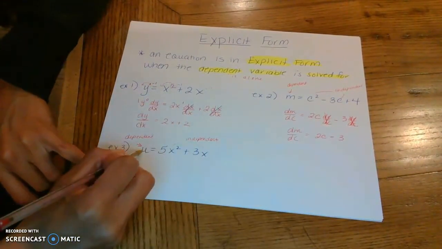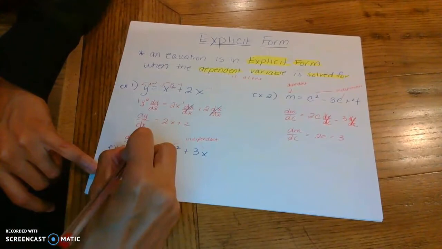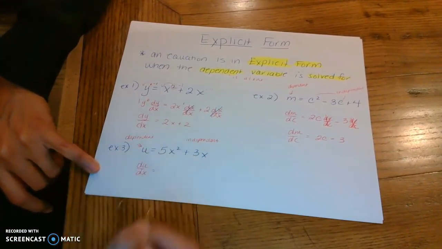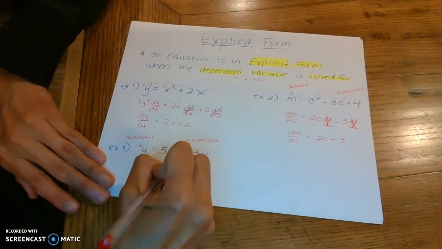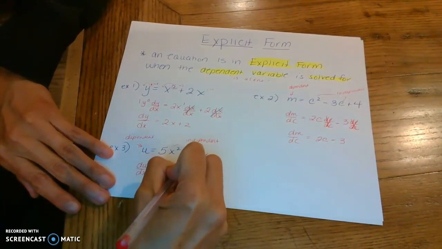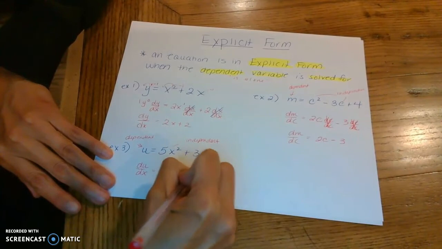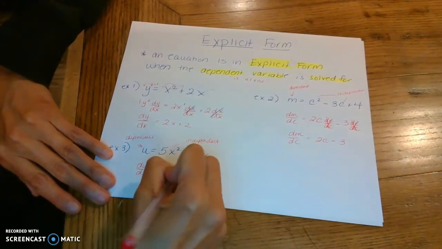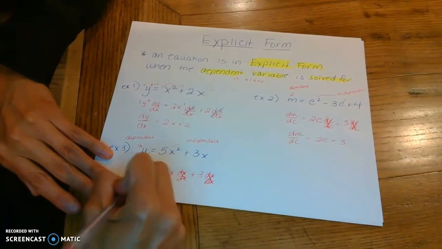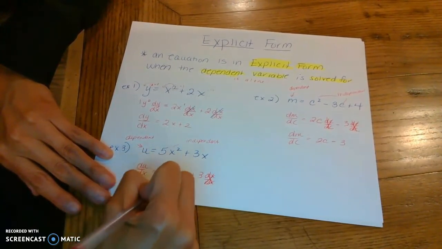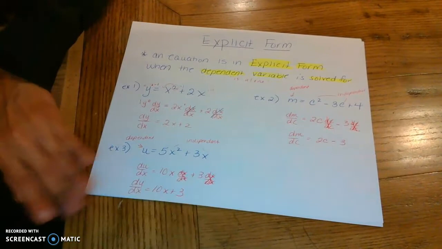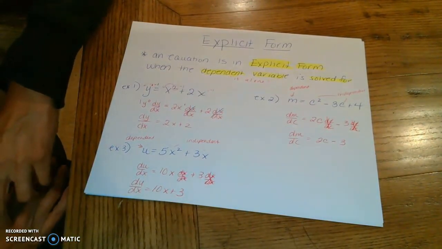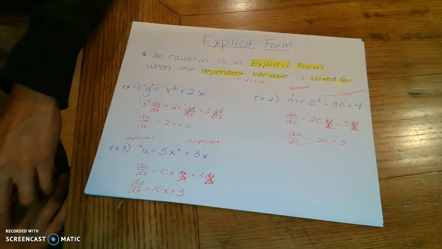So when I take the derivative of u, that just becomes 1, du/dx is equal to 10 dx/dx plus 3 dx/dx. Again, not necessary. du/dx is equal to 10x plus 3. Okay, so that is just taking the derivative as we've been doing it in explicit form.